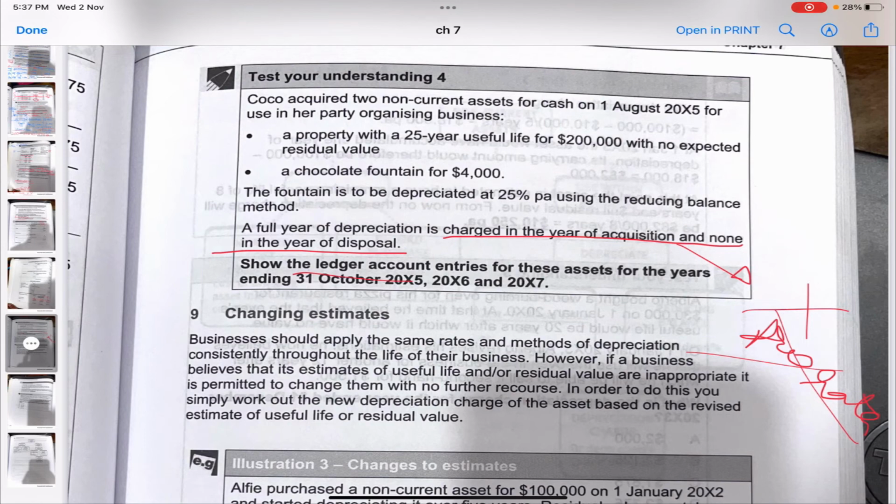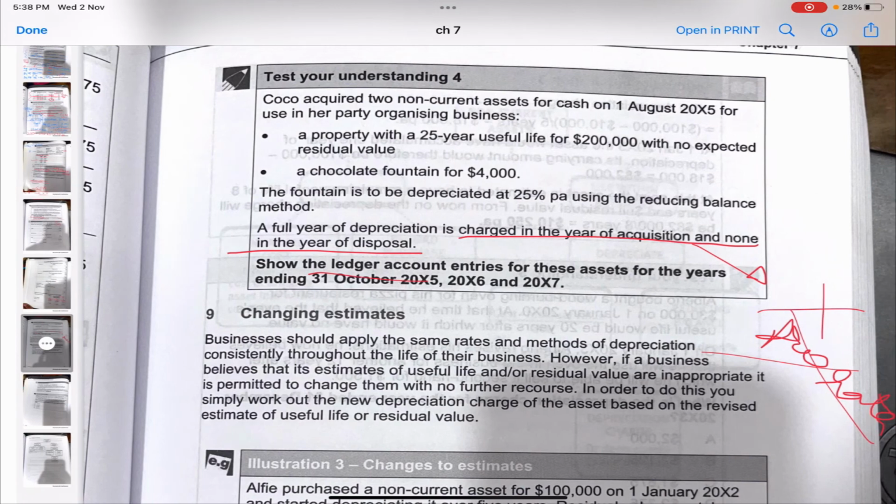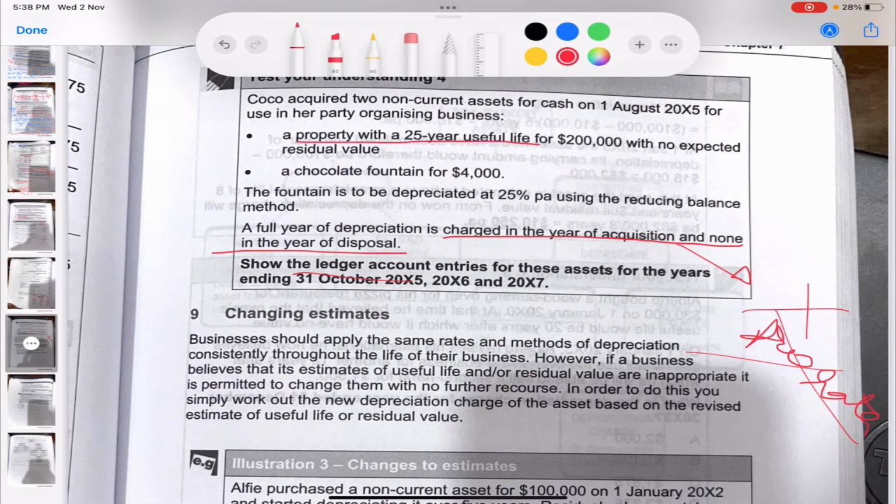So what did you understand in this? This is the straight line method. A property with 25-year useful life with no expected residual value. So you know the formula: cost minus residual value upon useful life. Cost is what? 2 lakhs.